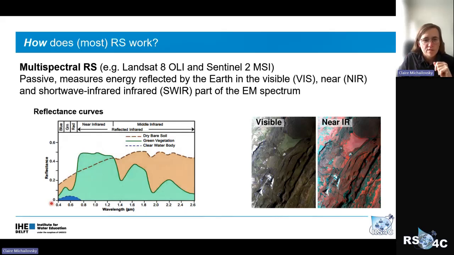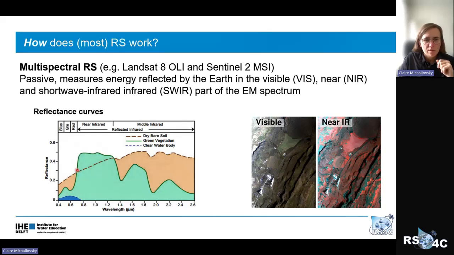If I follow, for instance, the curve for green vegetation, I can see that if I'm measuring in the blue part of the spectrum, I'm going to have a relatively low reflectance. If I measure in the green part, it's a little bit higher. That's also why we see it here green, because in the visible we're using the blue, green, and red, so the green is the dominant.